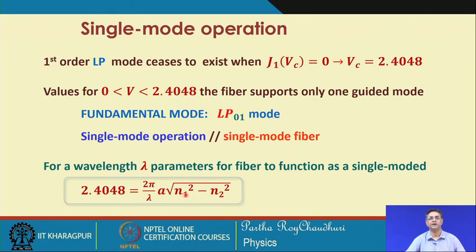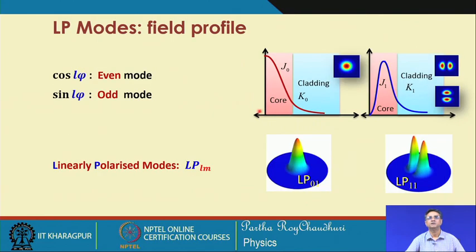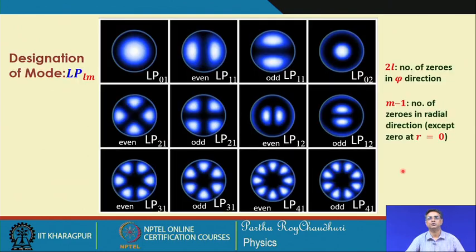So, given n 1, n 2 and lambda, we can decide the value of a, that is the core radius, or given the core radius, knowing n 1 and n 2 of the core cladding structure, we can define the limit up to which this fiber will remain single moded, that is only one mode, the LP 01 mode, the fundamental mode, will be supported, and no other modes. This mode will cease to exist at the value of V equal to 2.4048.